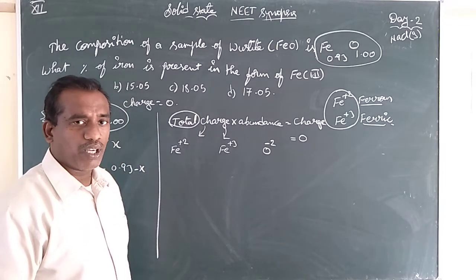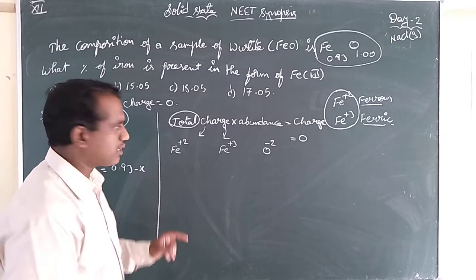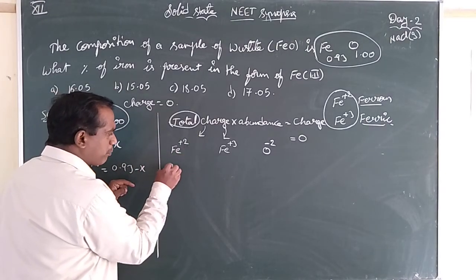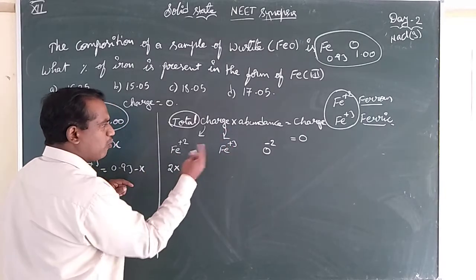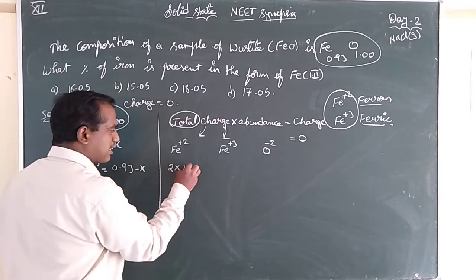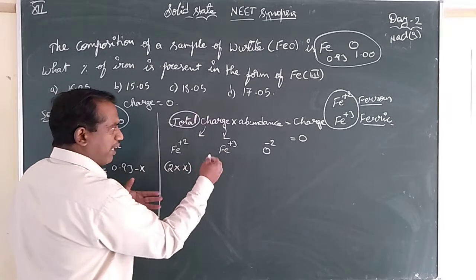Charge into abundance. What is the charge of this iron? Plus 2. So you must multiply the charge of the element into its abundance. What is the abundance of Fe+2? We hope it is x. So 2 into x.